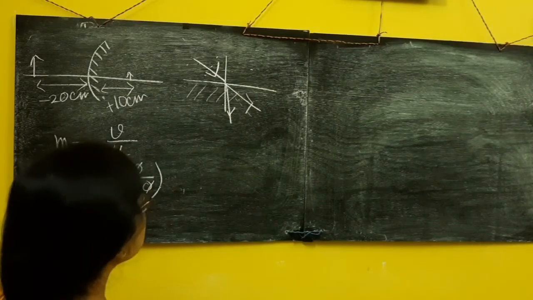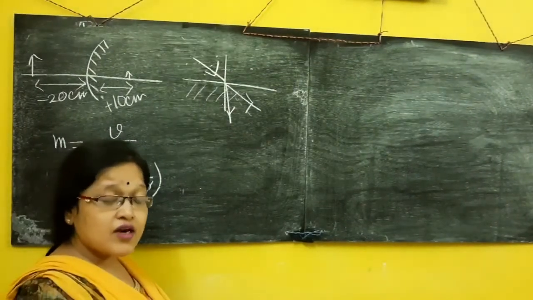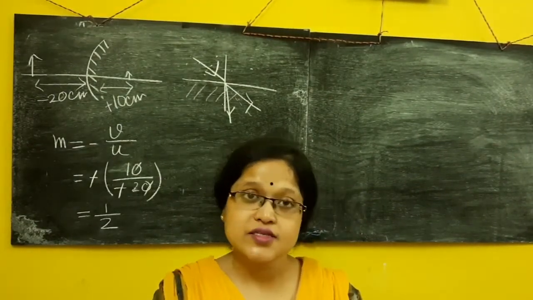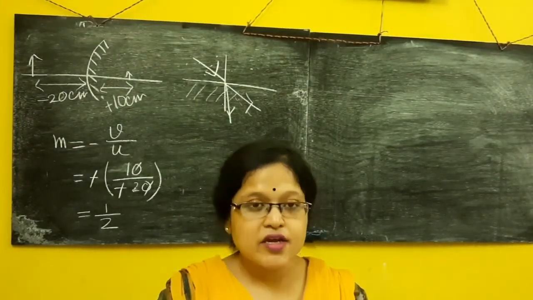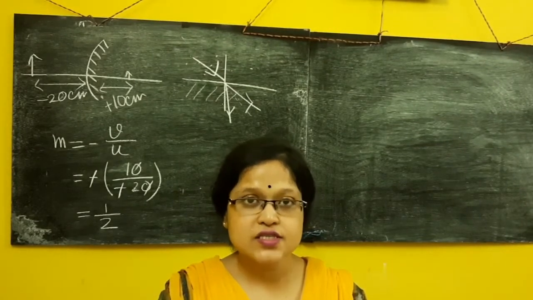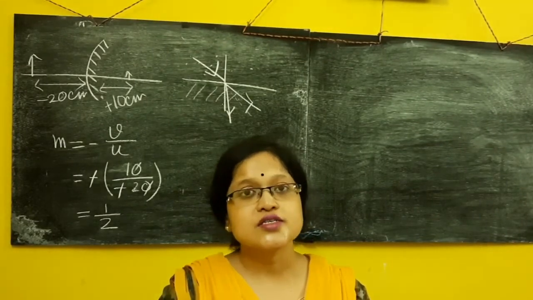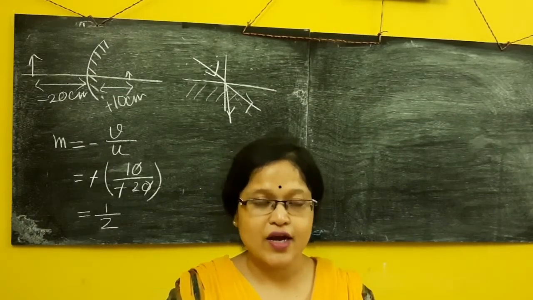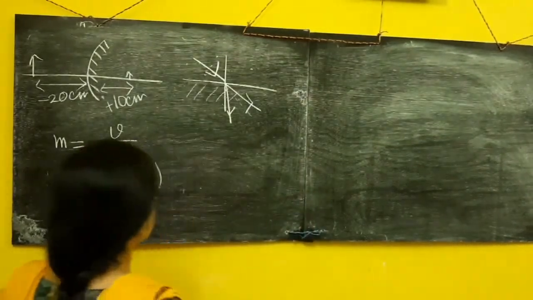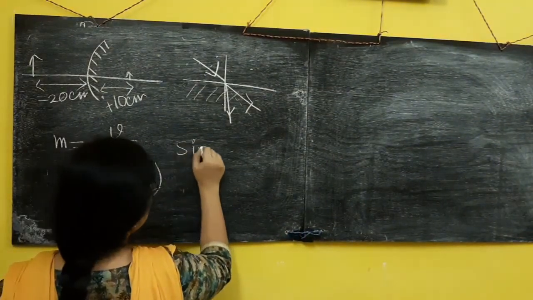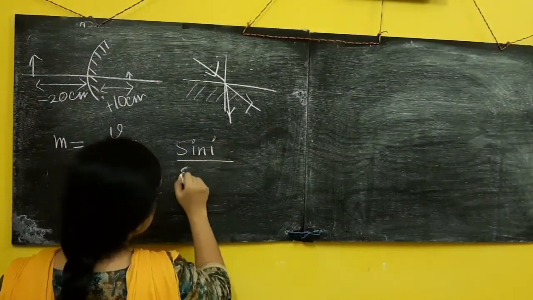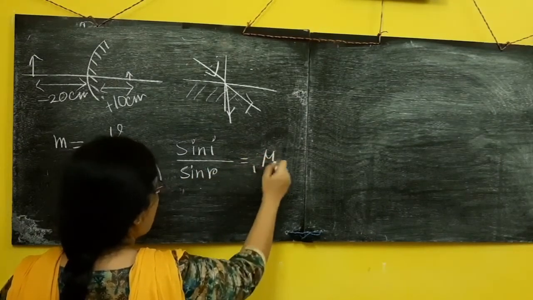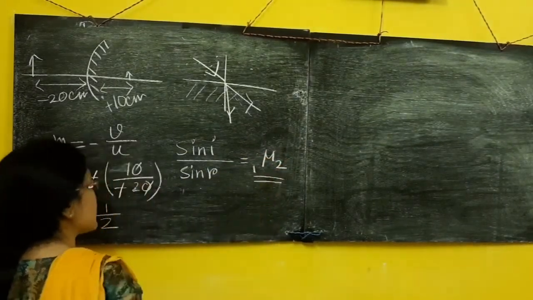The first law is that the incident ray, the refracted ray and the normal drawn at the point of incidence all lie in the same plane. The second: the ratio of the sine of the angle of incidence to the sine of the angle of refraction is always a constant quantity, that is the refractive index. Means sin i by sin r equal to mu of 1 to 2. This is the refractive index.